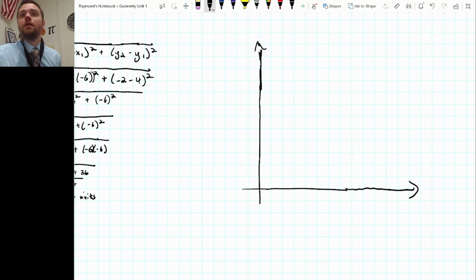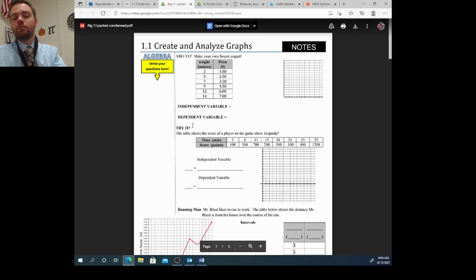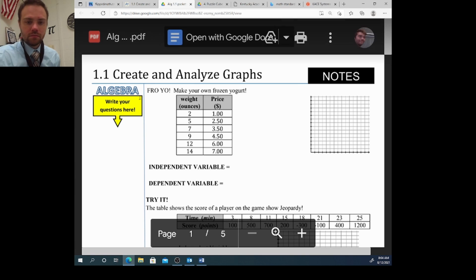And let's look at those input and output tables again. Okay.